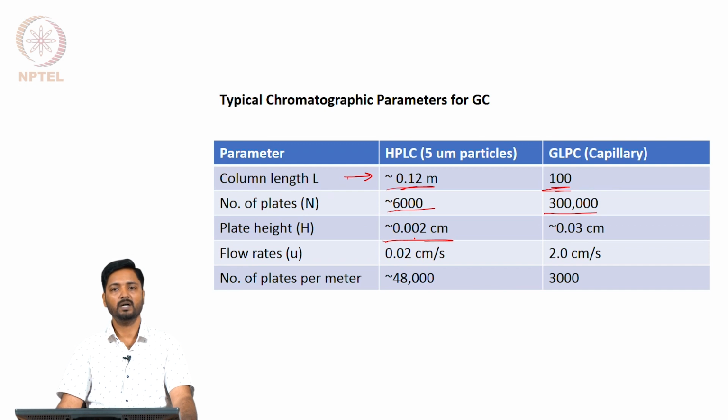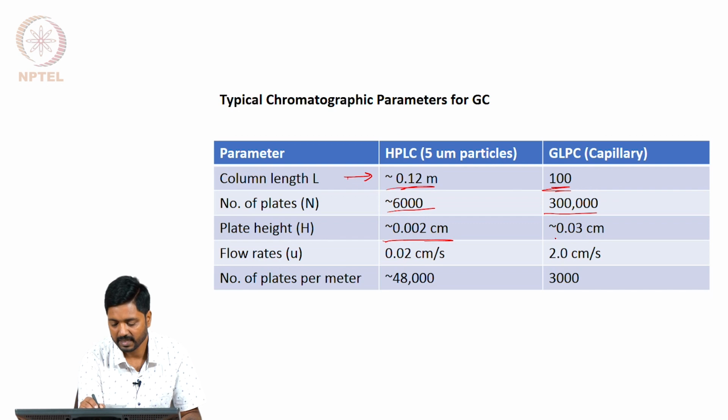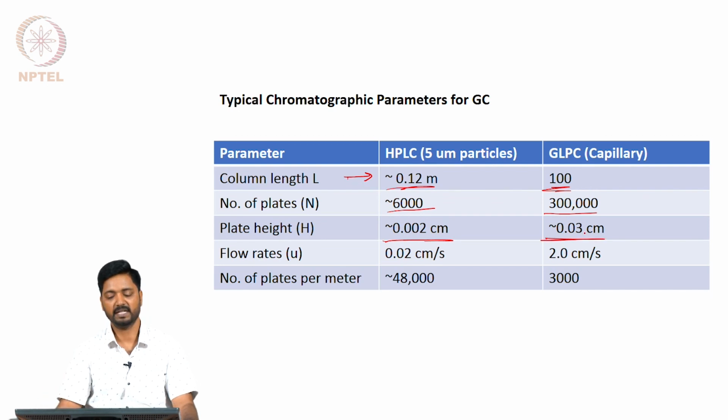So, the longitudinal diffusion is avoided in liquid chromatography, and the shorter column also reduces the plate height. In comparison, in gas chromatography the plate height is somewhat larger, but that is well compensated by using columns that are extremely long.